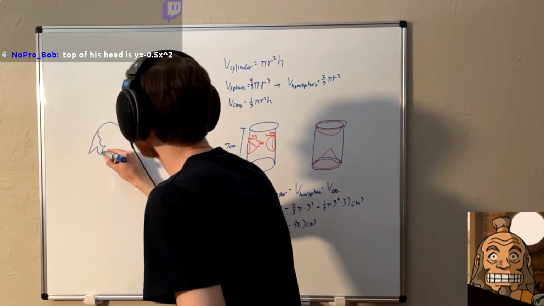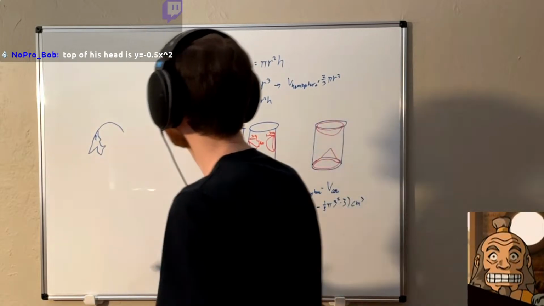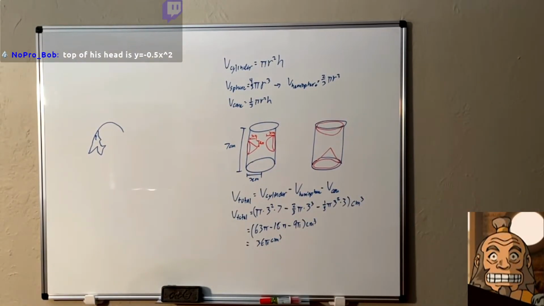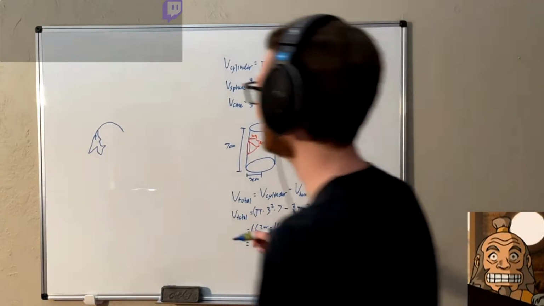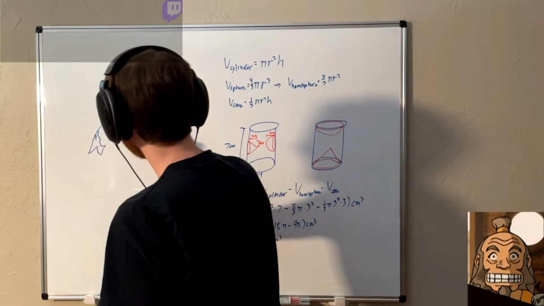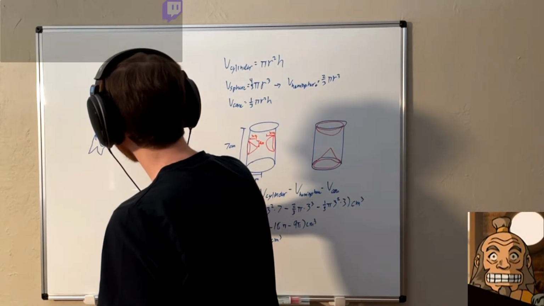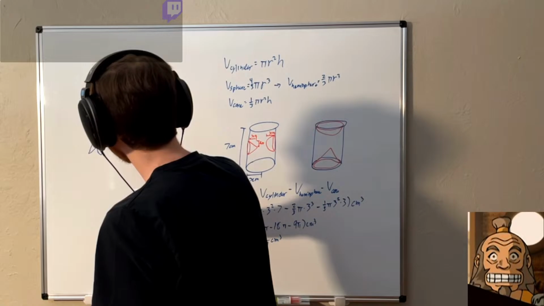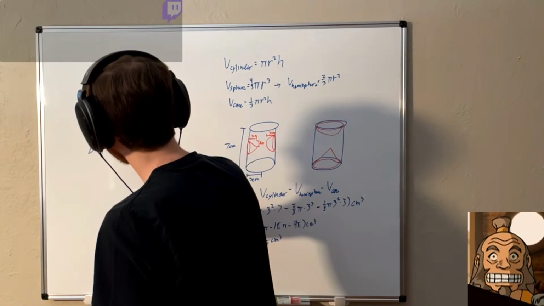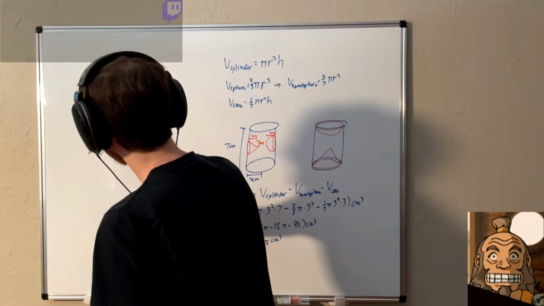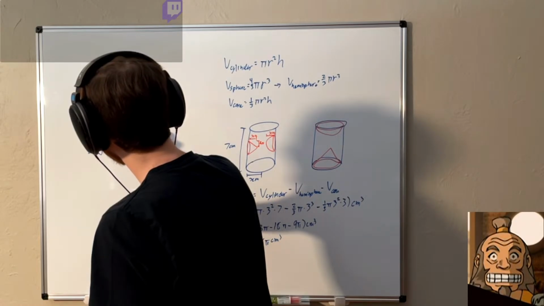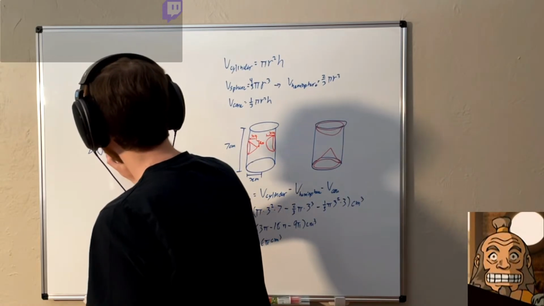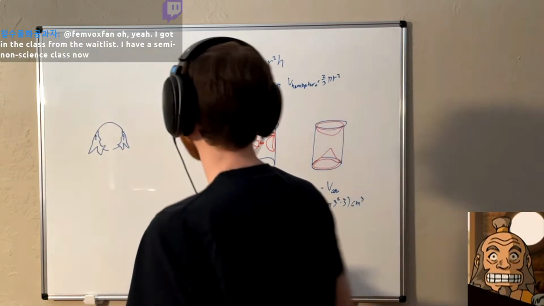And it just kind of connects at a point. There's a little ear in there. Top of his head is y equals minus 0.5x squared, basically. And we'll mirror it on the right. We got a little goatee.